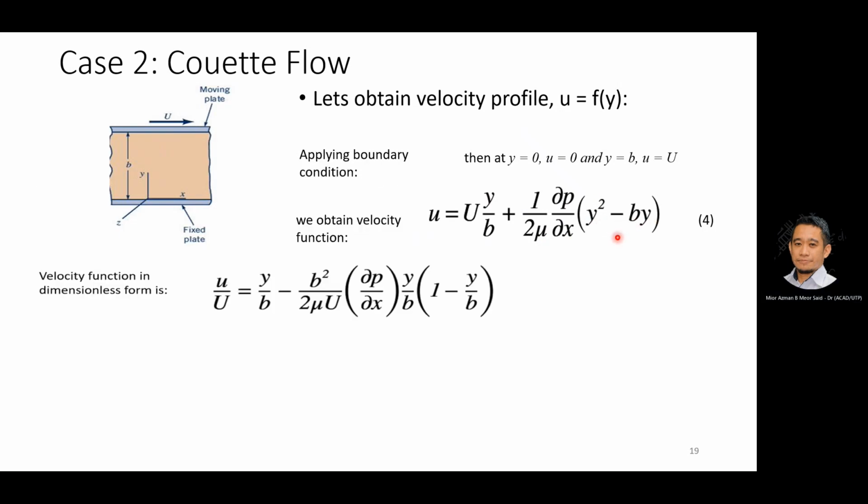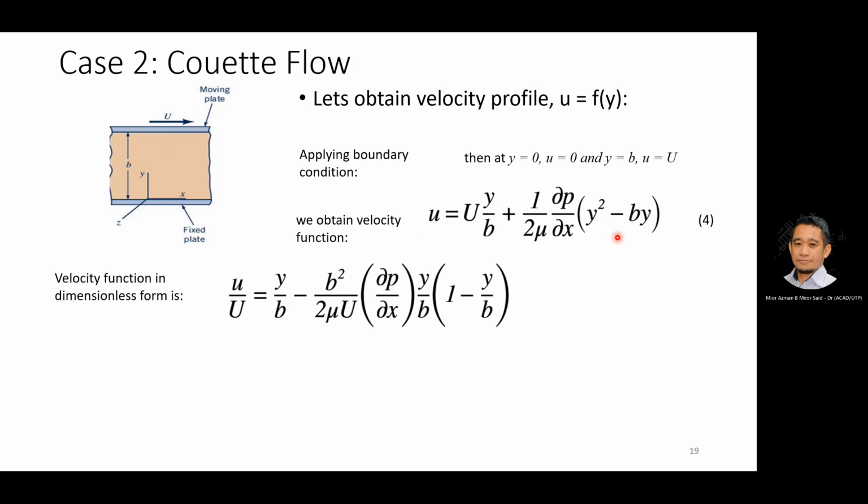And if you want to put it in a dimensionless form, we just make a ratio of our expression here. We make a ratio of our variable u in terms of the velocity of the moving plate. So if you divide by the capital U, we have an expression that becomes this part here.